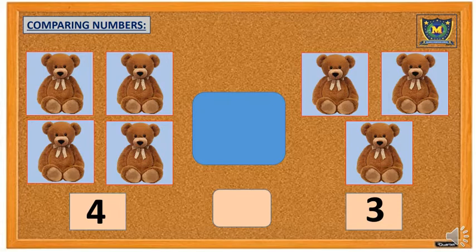In comparing, we will atong unang tan-awon ang left side which is 4. So the numbers being compared here is 4 and 3. Now what is 4 to 3? So unsa daw ning 4 ka teddy bears compared to 3 teddy bears? Is it greater than, equal to, or lesser than?